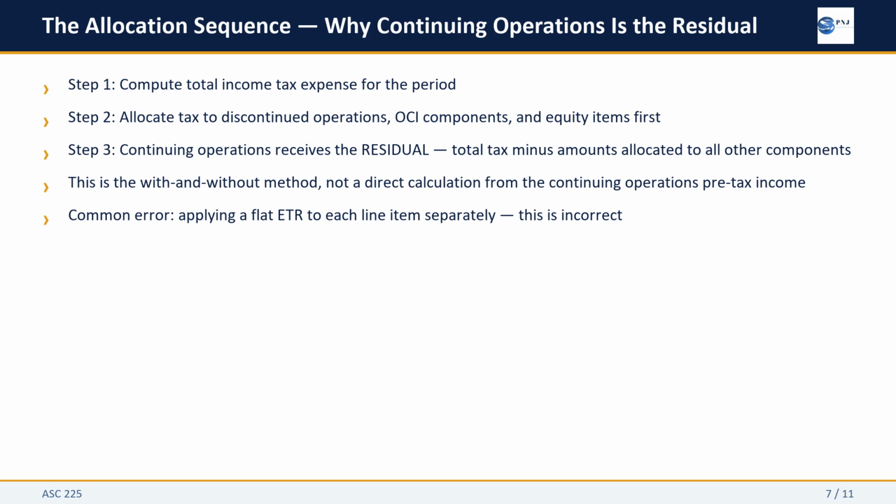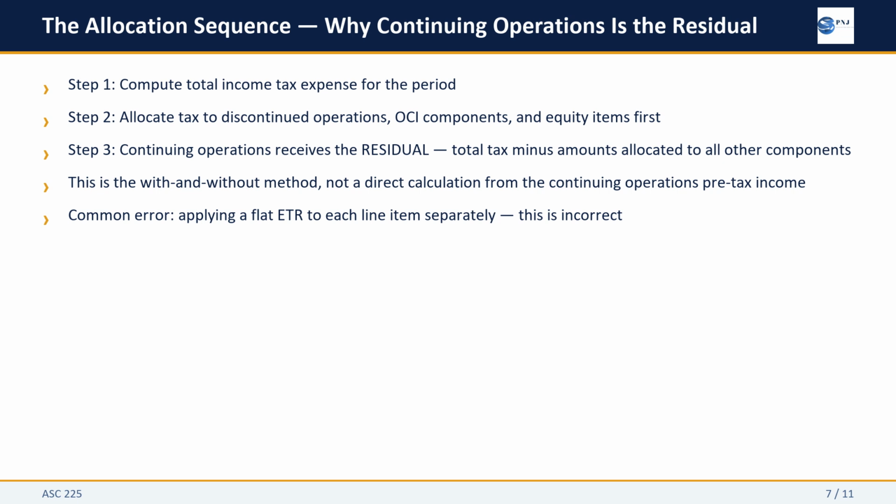Here is where the most common error in intraperiod allocation occurs. It feels intuitive to compute the tax on continuing operations directly. Take pre-tax income from continuing operations and multiply by the ETR. That is wrong. The correct approach under ASC 740-20 is sequential. First, compute total income tax for the period.